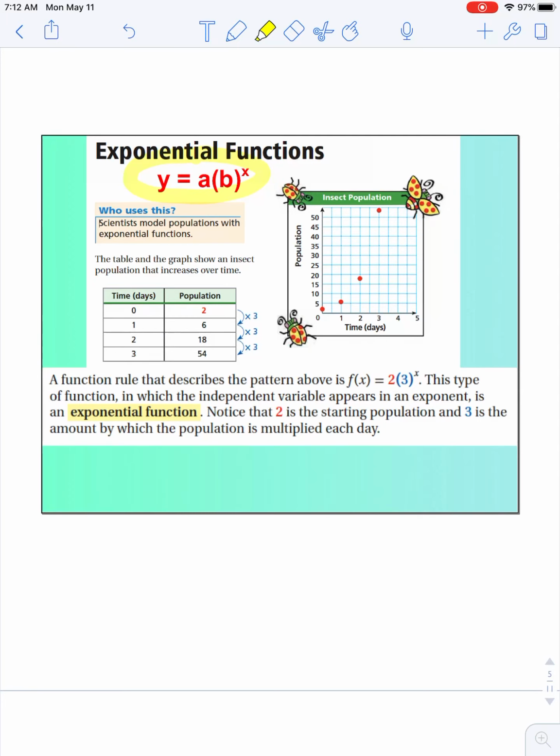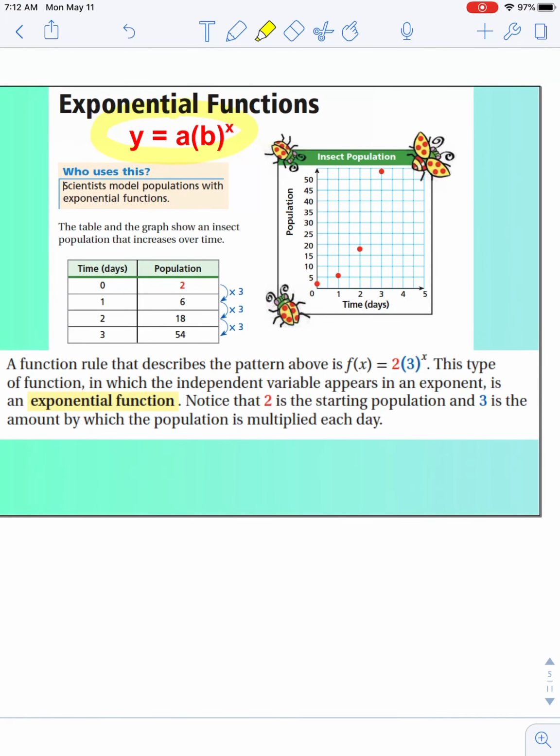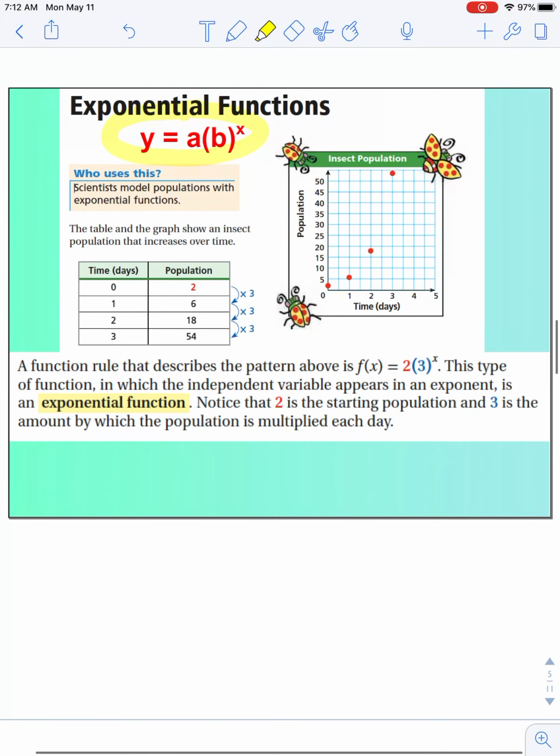Okay, well, this is a pretty classic exponential function example. This example right here shows the insect population over time. If you look at 0 days right here, there are just 2 insects. After 1 day, there are 6 insects.